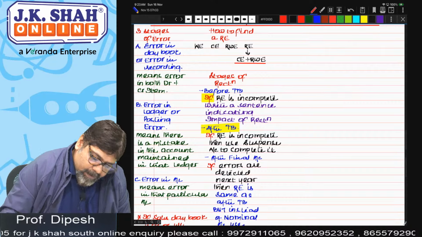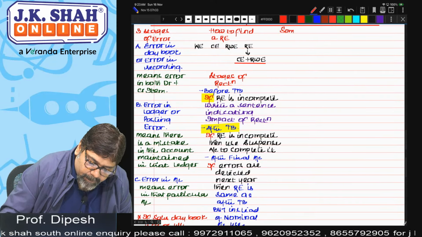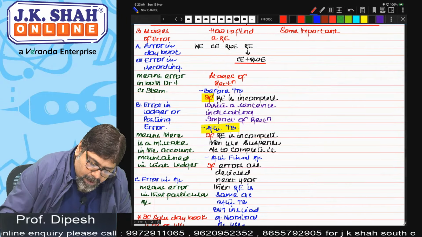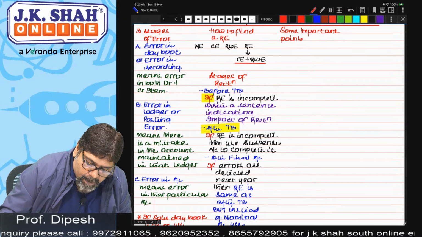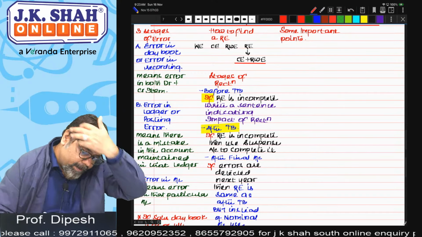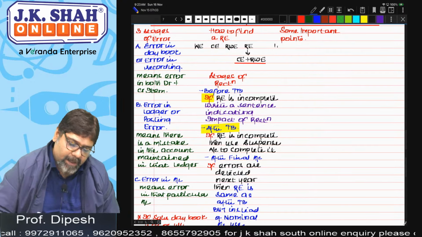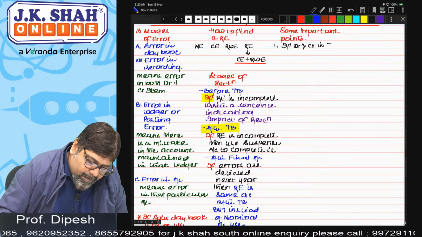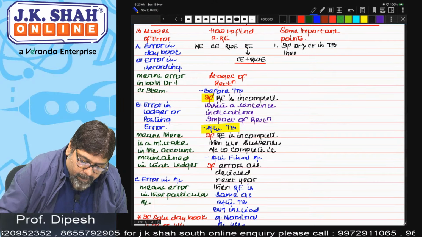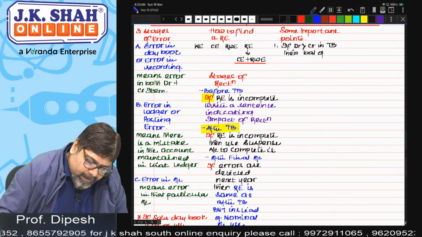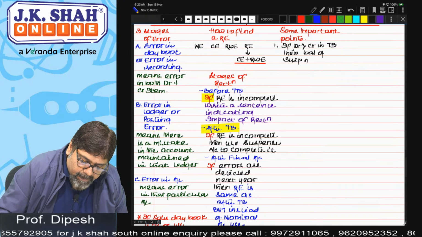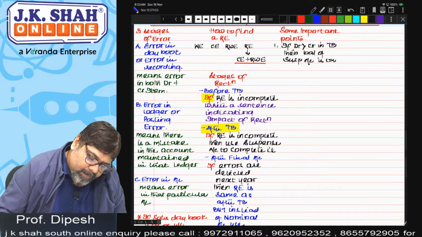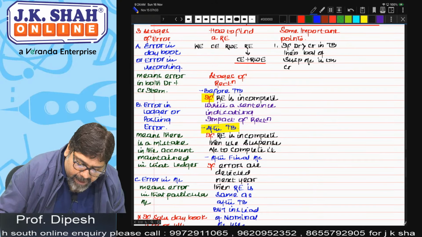Now, some important points. Number one, if debit is greater than credit in trial balance, then the balance of suspense account is on the credit side.